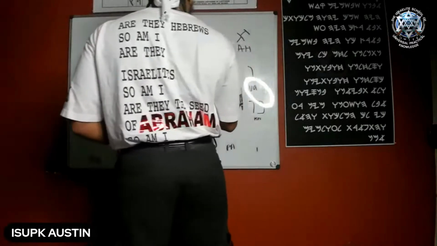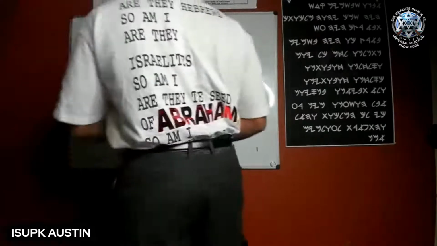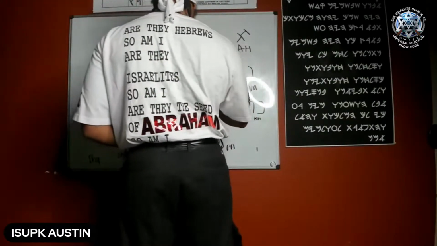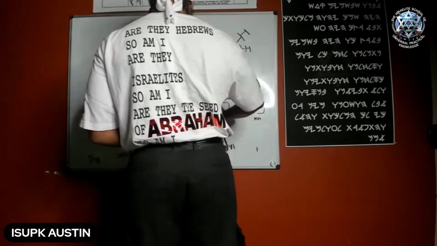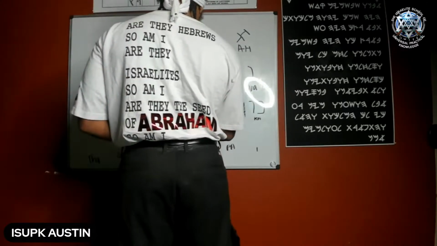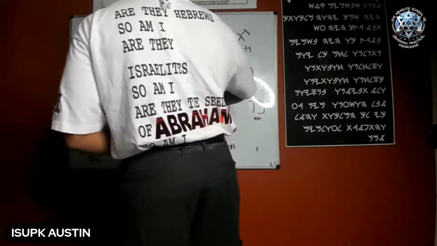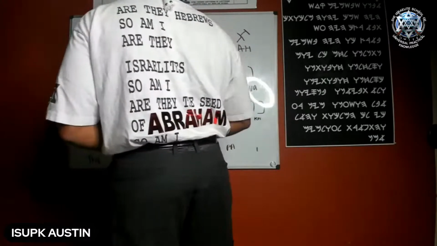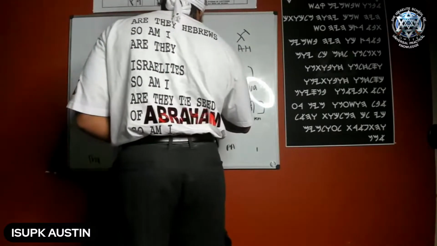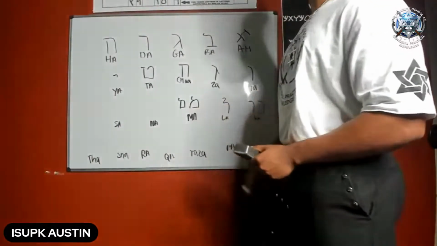Now we have Ma, trying to write that one a little better. Let me rewrite this whole thing. Now, Ma, you have these two different forms, right?